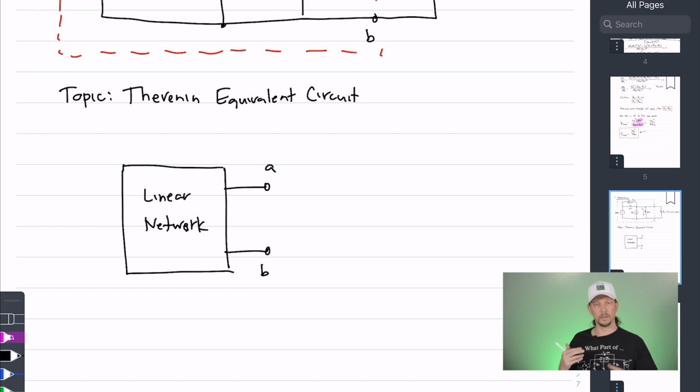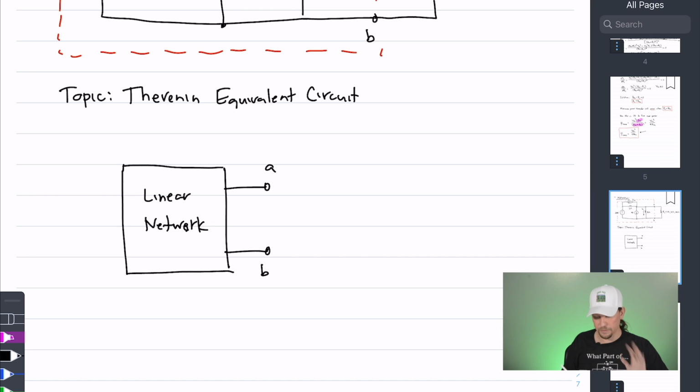Later on, we can extend it to have capacitors and inductors and op amps and all sorts of goodies. And so you can imagine that this linear network is an extremely complex array of multiple components.